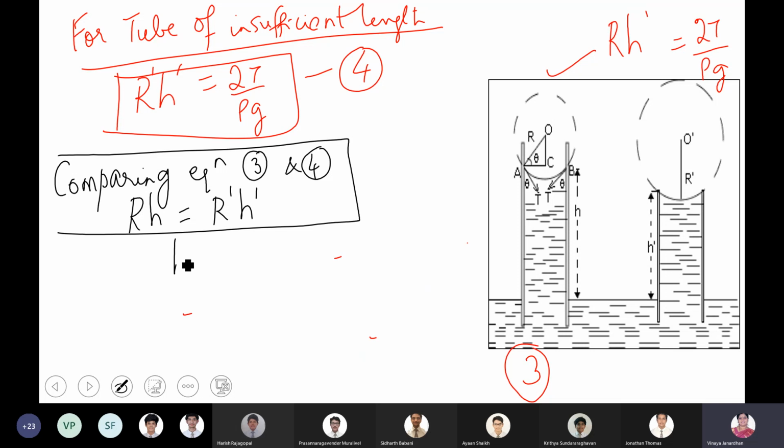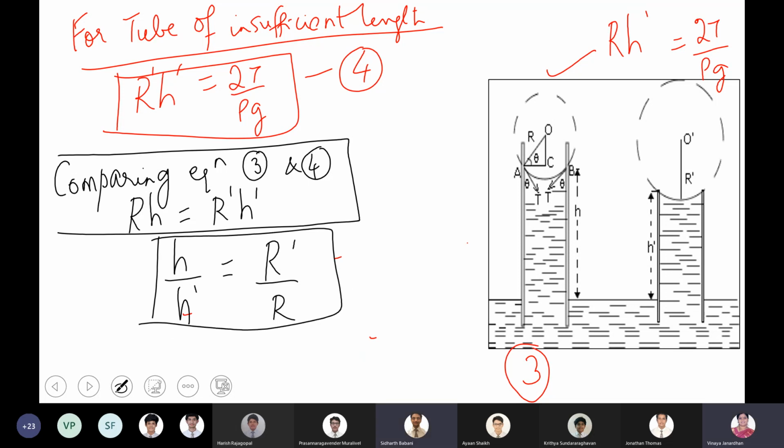So H by H dash will be equal to R dash by R. Is that correct, boys? Yes, ma'am.